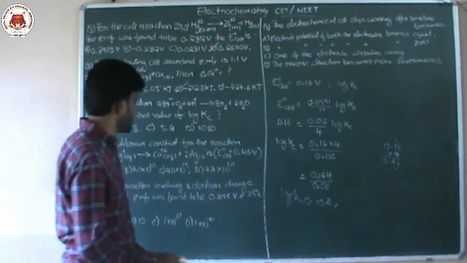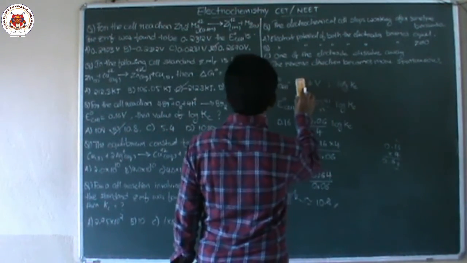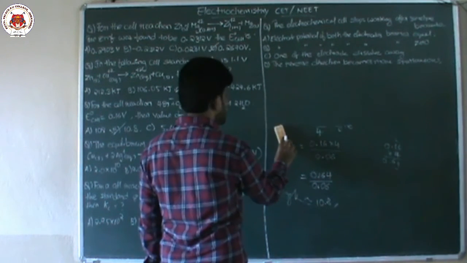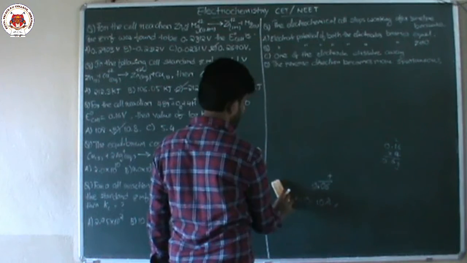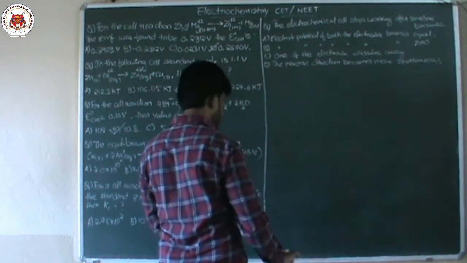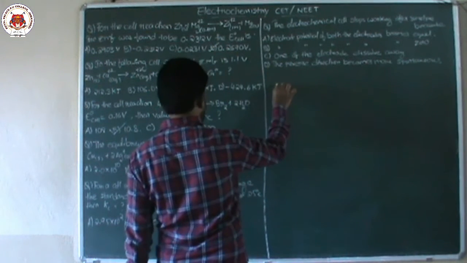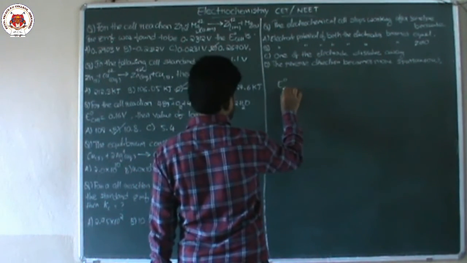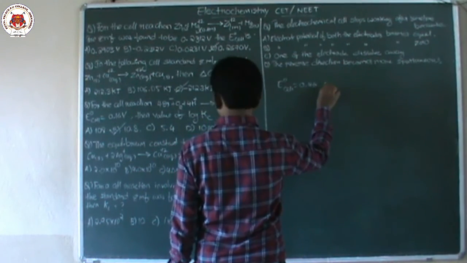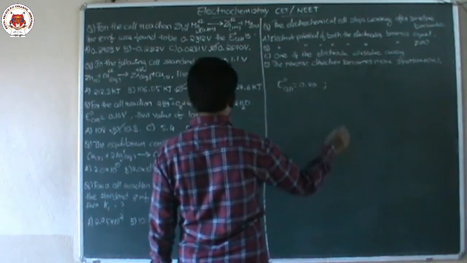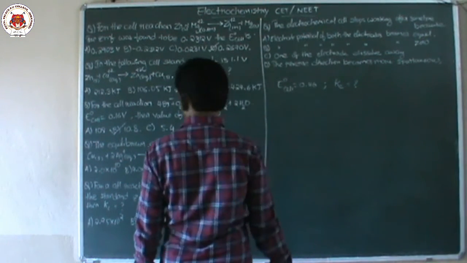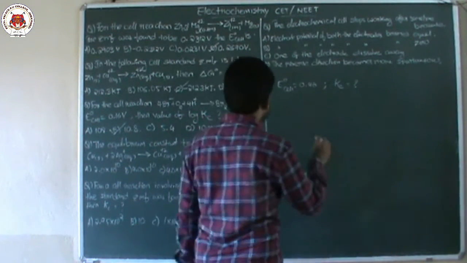So now let us again calculate here. E standard for the reaction is 0.46 volt, and we want Kc value.